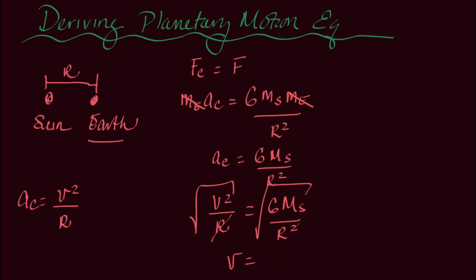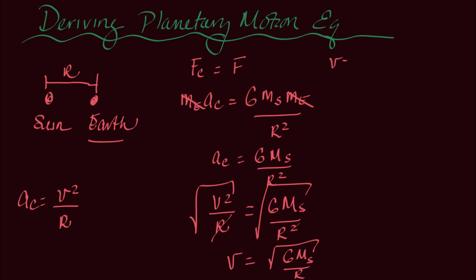So v is equal to square root of G Ms over r. If you notice, the velocity and AC is independent of the mass of the object that is doing the orbiting. It only depends on the mass that's in the center.